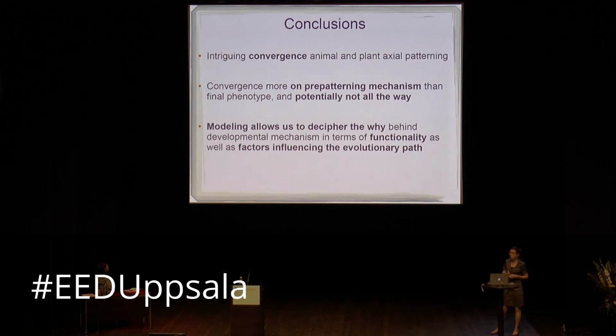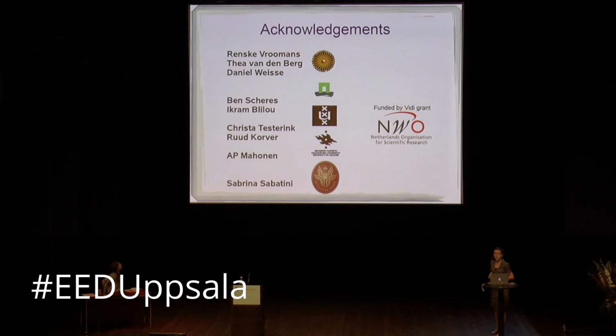And I hope that I've shown you that with the models you can't just figure out what happens, but you can also get a good insight in why it happens in a particular way, or why it is done in a particular way. So that's it, and I'm happy to take your questions.